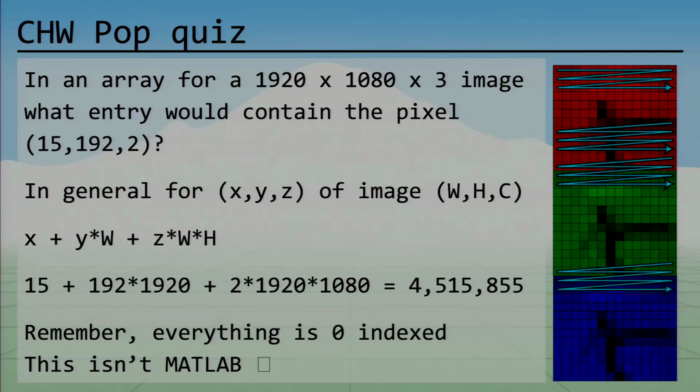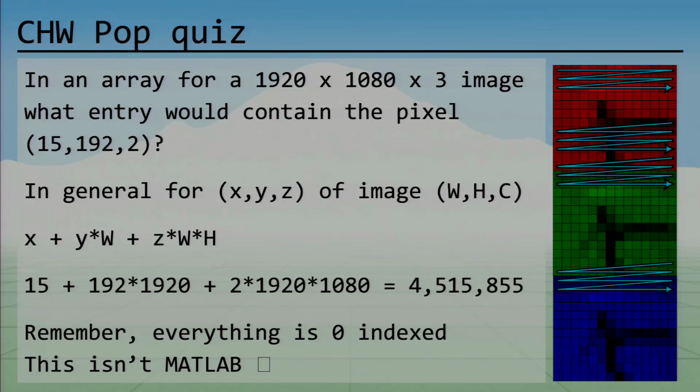So again, just a quick review of how we're going to do this. We have some pixel that we want to access that's X, Y, and Z of an image that is W, H, and C in terms of dimension. The first number we're looking at in this pixel is what column, the x-axis. That's the dimension we store first in this array, so we just add that on to whatever our other numbers are.